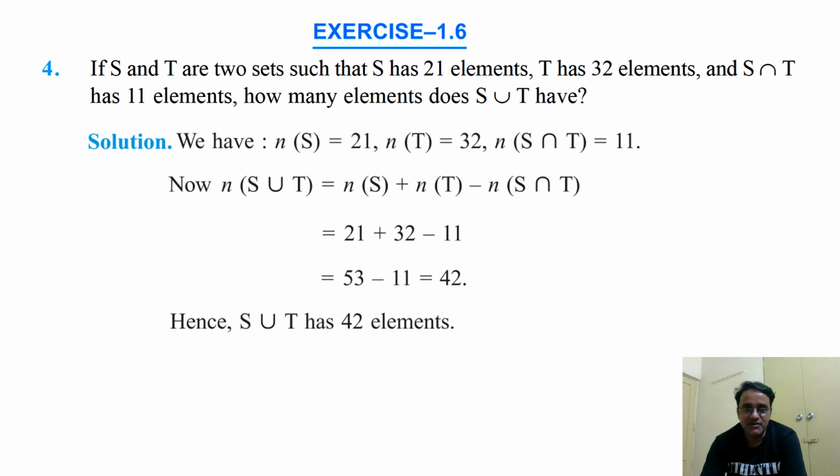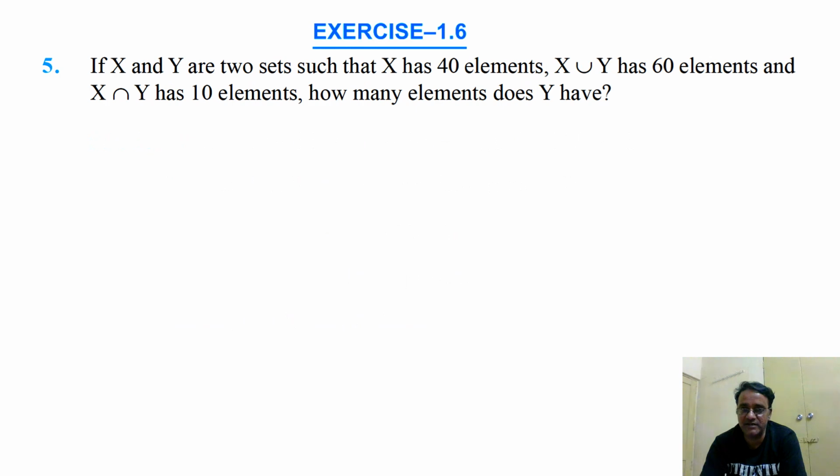Okay. So now we'll move towards question number 5. If X and Y are two sets such that X has 40 elements and X union Y has 60 elements and X intersection Y has 10 elements, how many elements does Y have? So what is given here? N of X, that is 40.